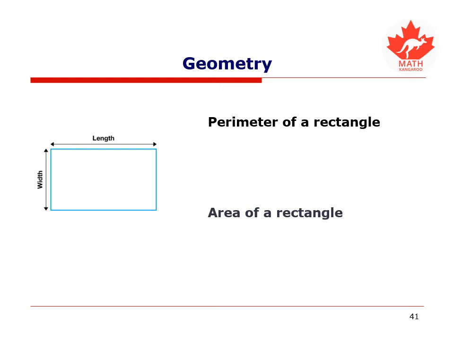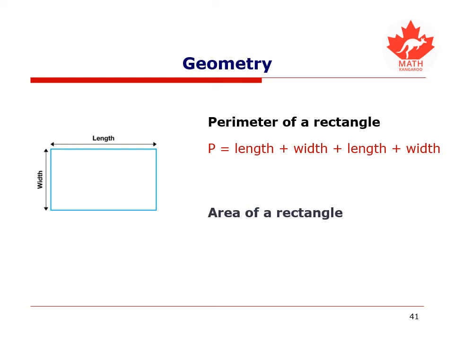The dimensions for a rectangle are simply identified as the length and the width. So for the perimeter of the rectangle, that's the distance around the rectangle, P is equal to length plus the width plus the length plus the width.